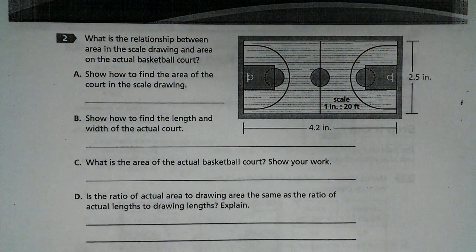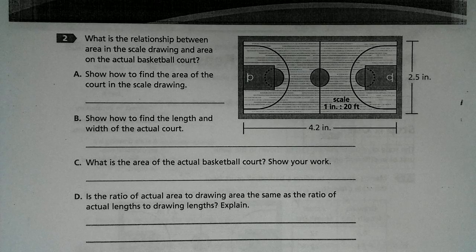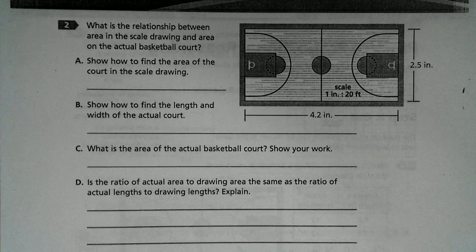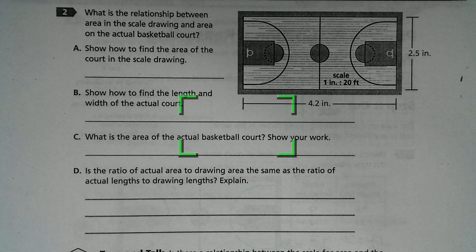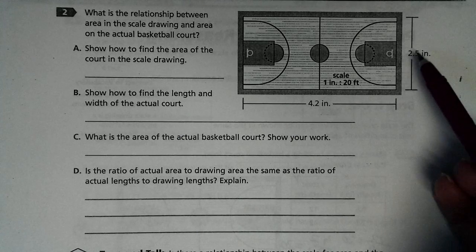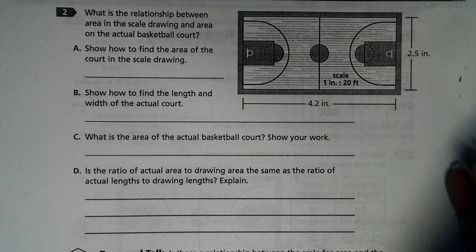All right, so number 2. What is the relationship between the area in the scale drawing and the area on the basketball court? A says, show how to find the area of the court in the scale drawing. Well, area, remember, is length times width, or base times height.